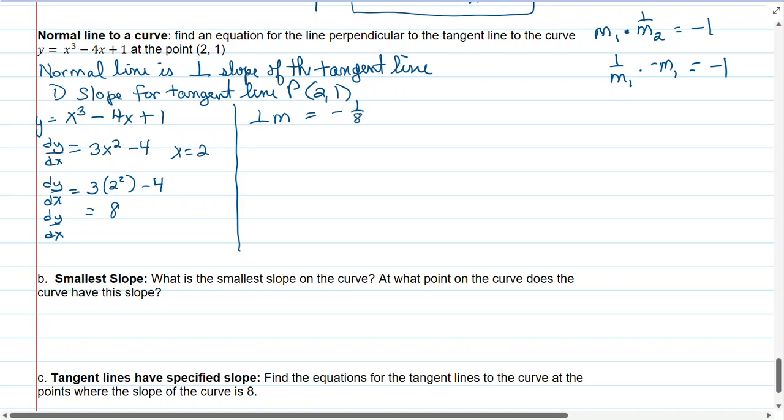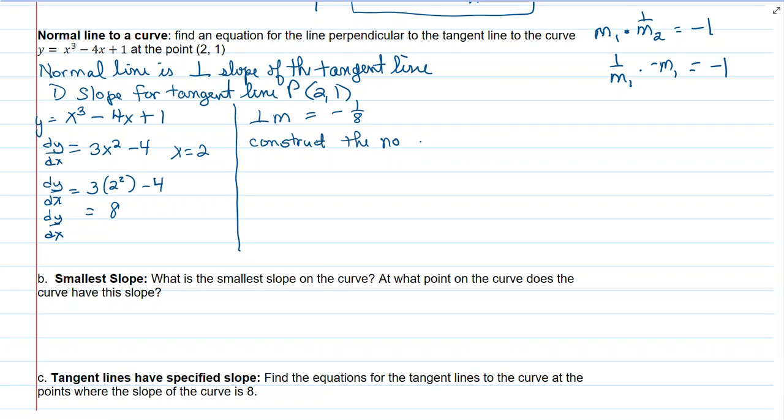So now we're going to construct the normal line. Now, I think in our homework, they asked for the tangent one and the normal, okay? But I'm just going to the normal. Is that all right with everyone? But in your homework, it'll say tangent, y equals.